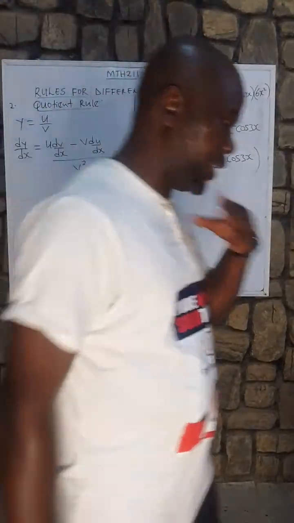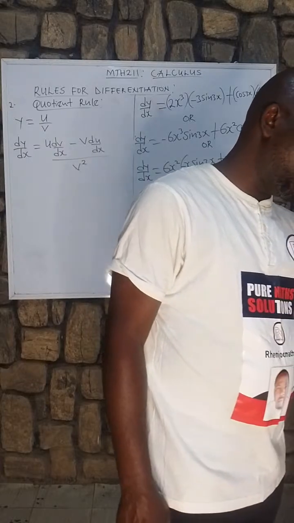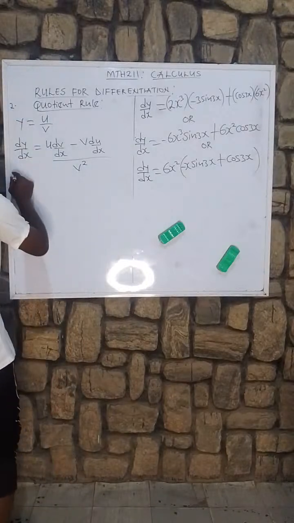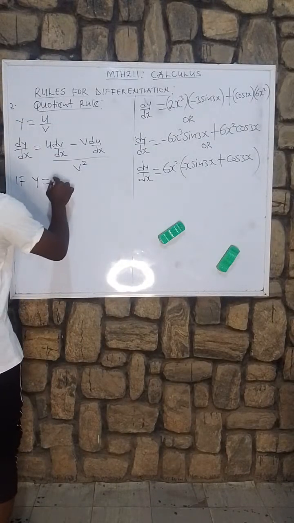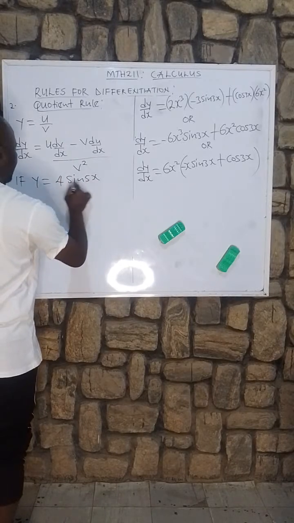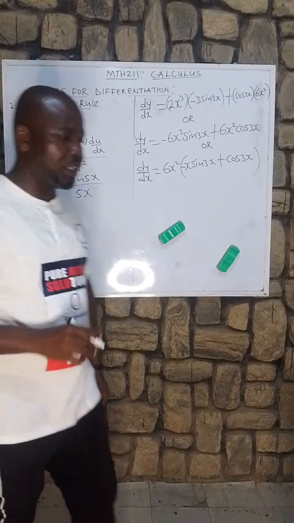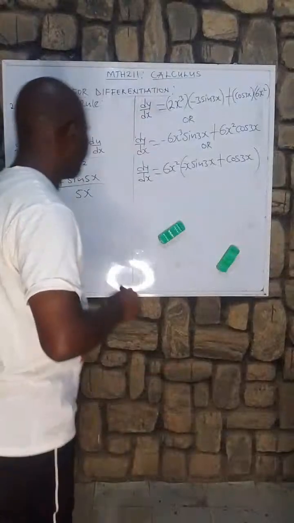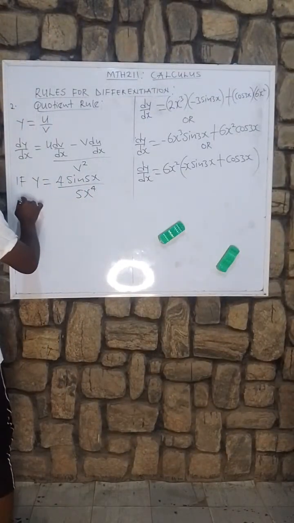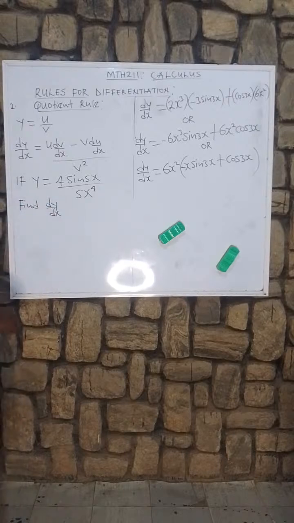Let us fix the idea with an example. If y equals 4 sine 5x all over 5x raised to the power of 4, find dy over dx. It is as simple as ABC.